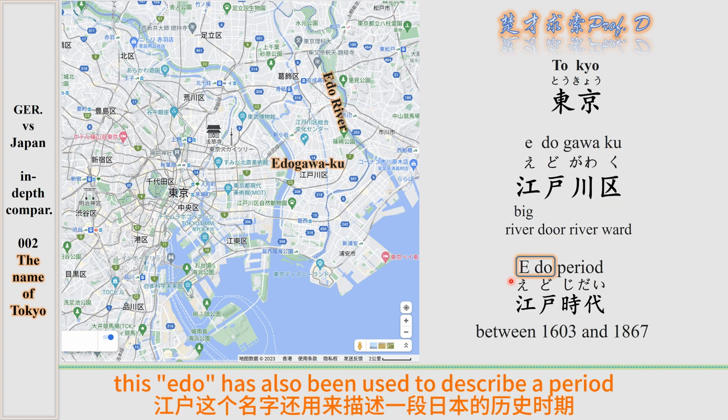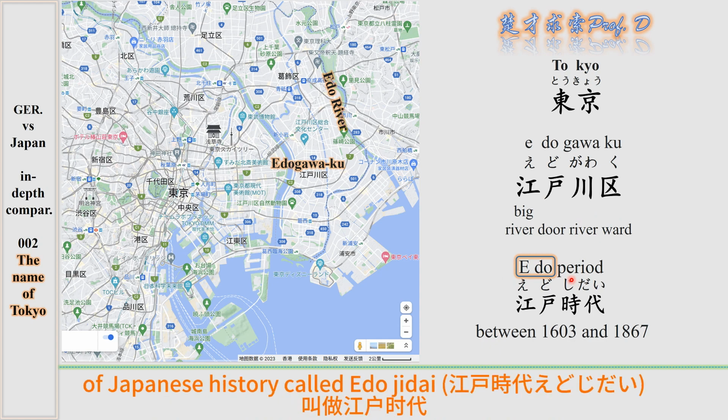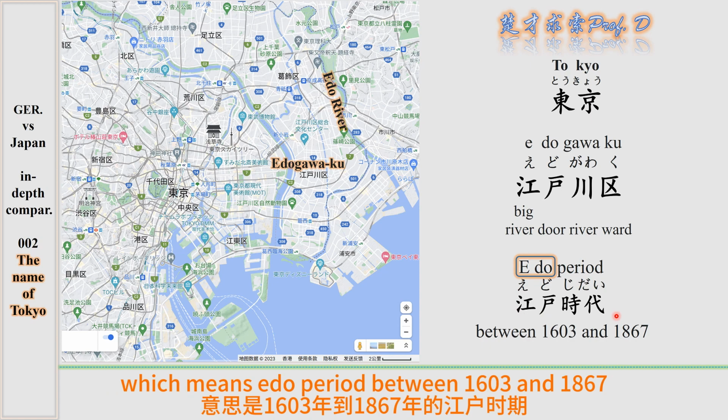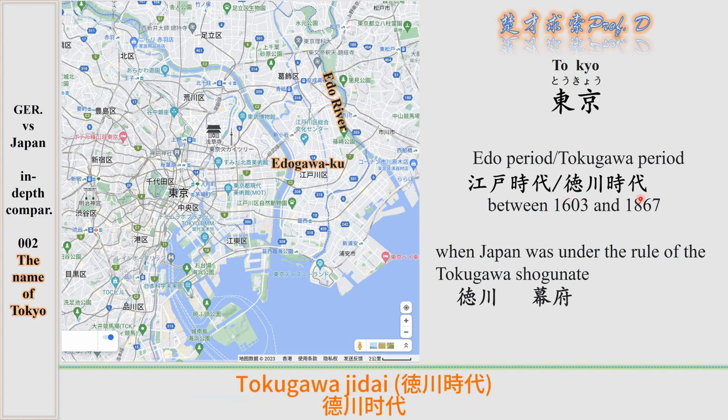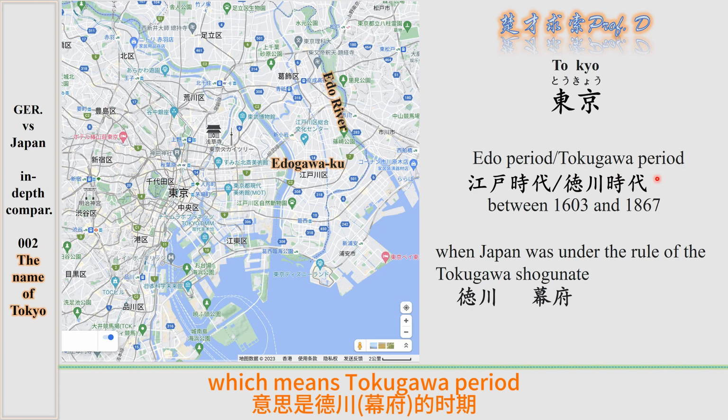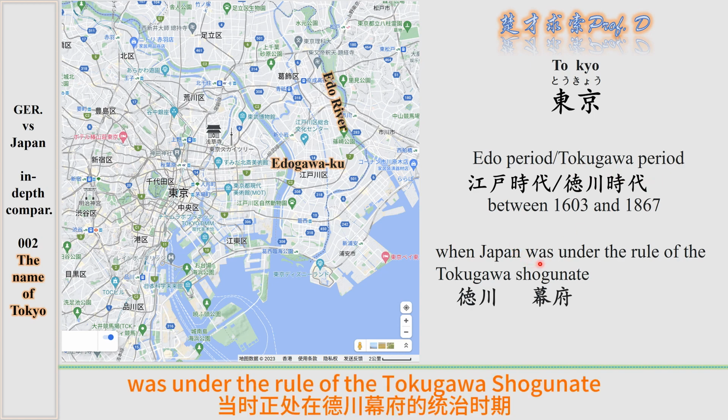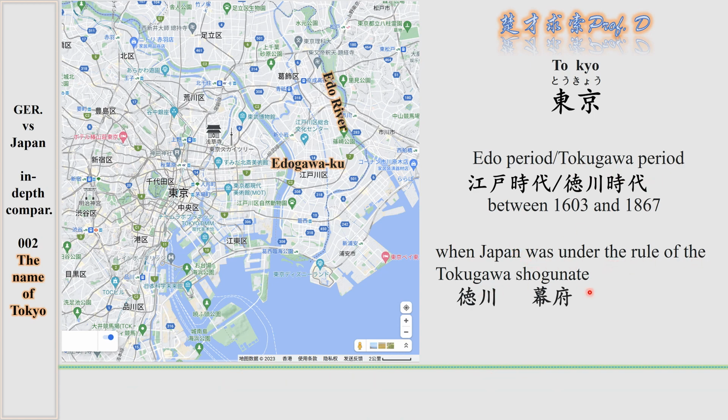In addition, this Edo has also been used to describe a period of Japanese history called Edo Jidai, which means Edo period between 1603 and 1867. Alternatively, it can also be called Tokugawa Jidai, which means Tokugawa period, as Japan was under the rule of the Tokugawa shogunate.